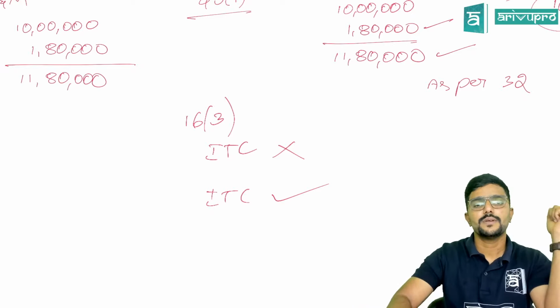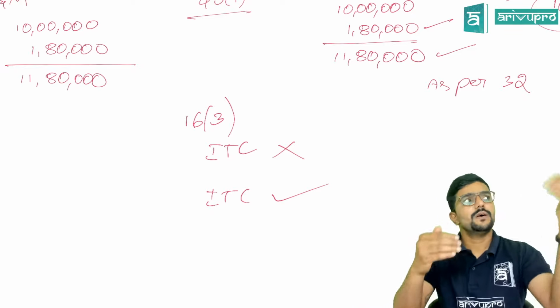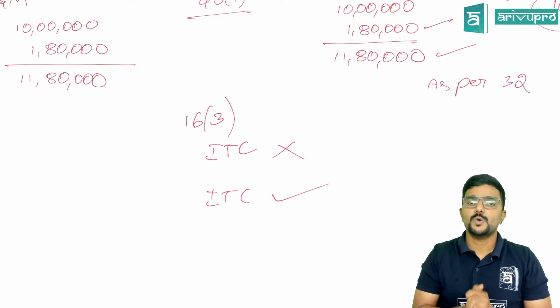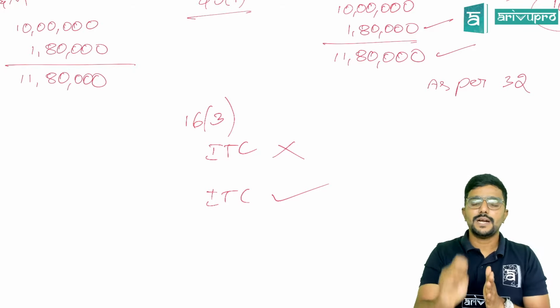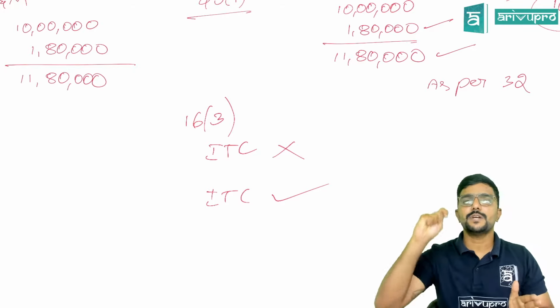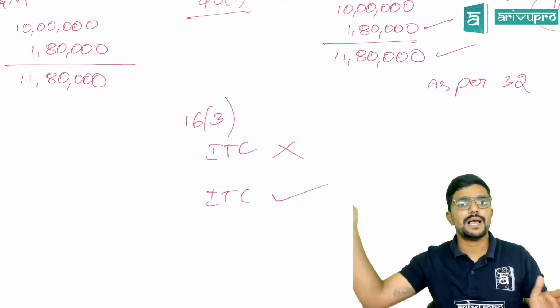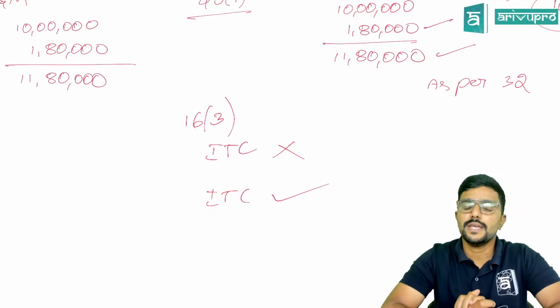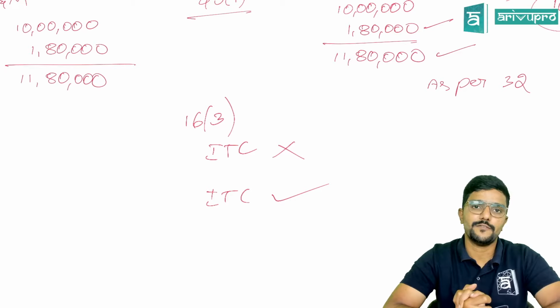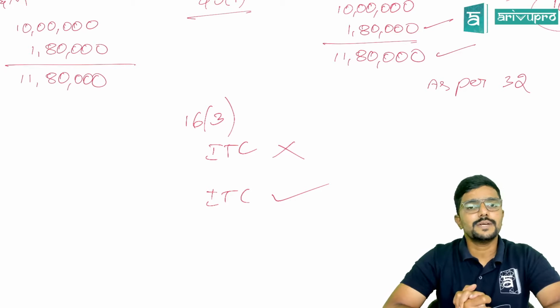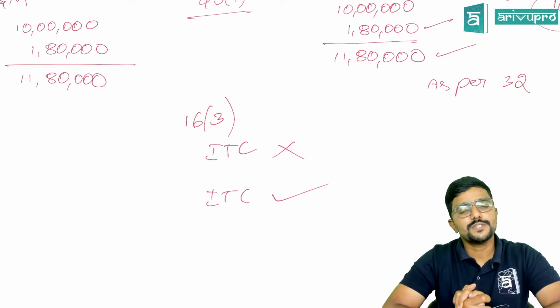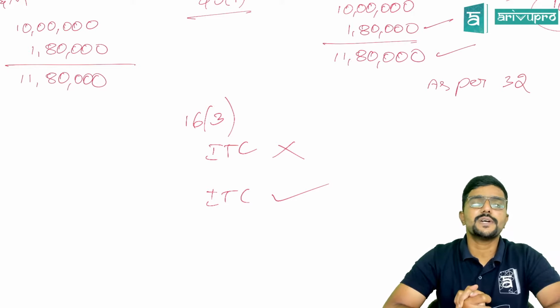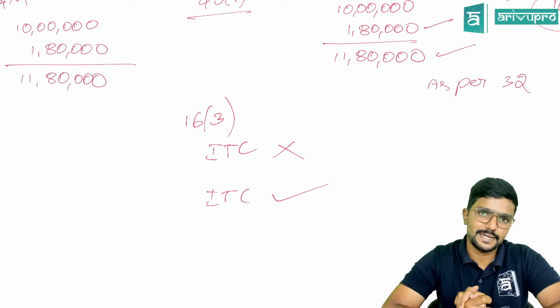So I repeat, if tax paid on your inward supply, which is a capital goods, is added to the cost to claim depreciation as per income tax, then in GST you cannot claim the credit of it. Or you have one more option: if the tax you have paid is not added to the cost to claim depreciation under income tax, then you can claim the credit of the same under section 16(3) of the CGST Act, guys.